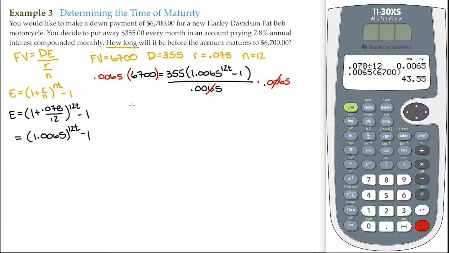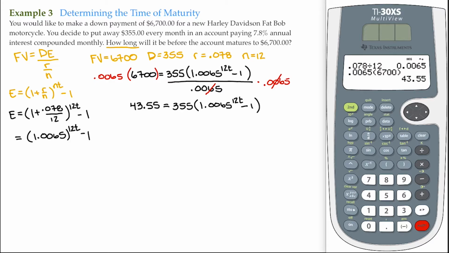So that gives us 43.55. That's equal to 355, that's our deposit, times our effective rate of 1.0065 to the 12t power minus 1.